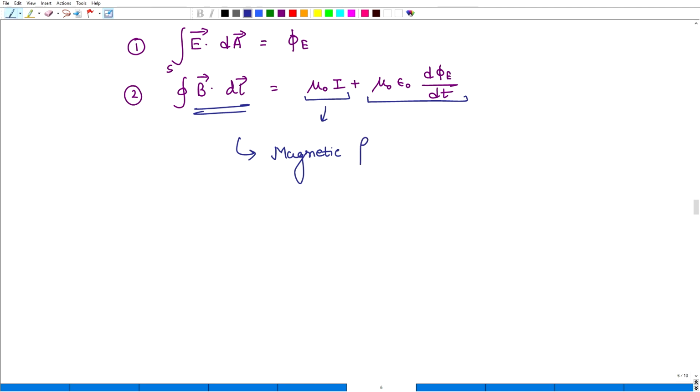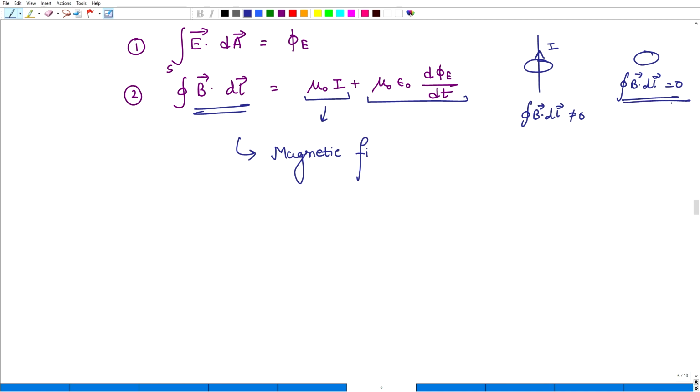Now we can understand the magnetic field. This is I, here B dot dl is non-zero. If we take any loop with no current carrying wire enclosed by that loop, then obviously B dot dl will be 0.